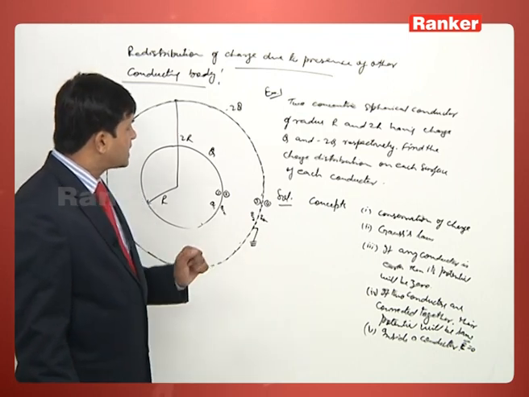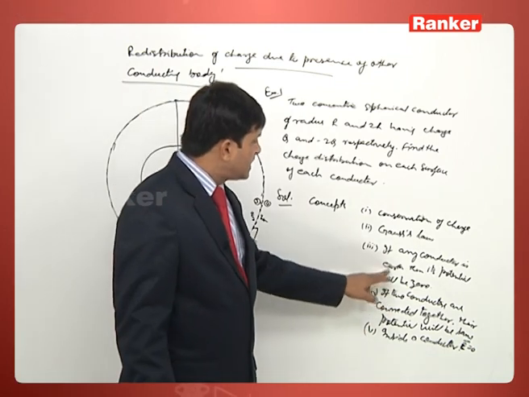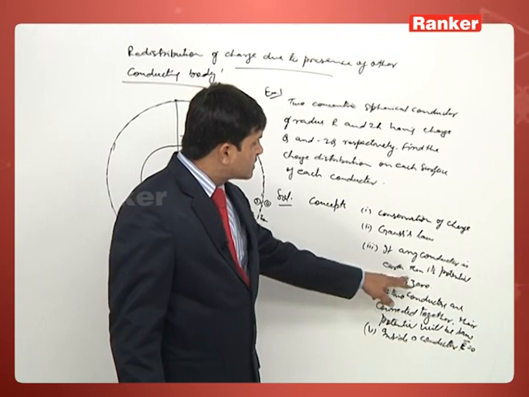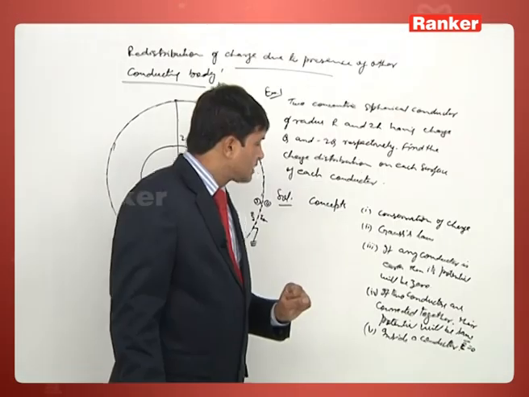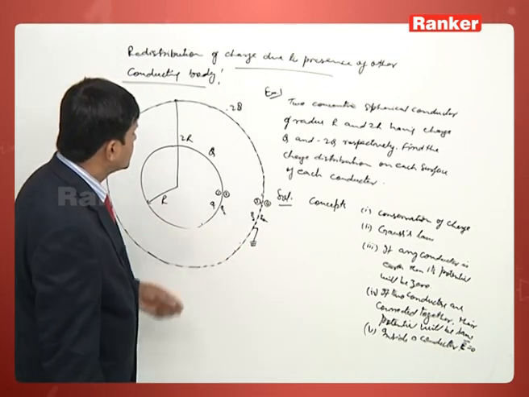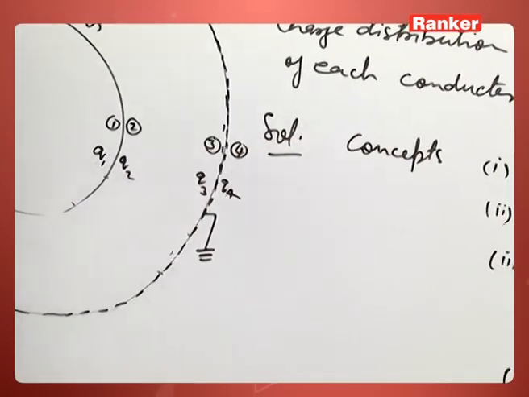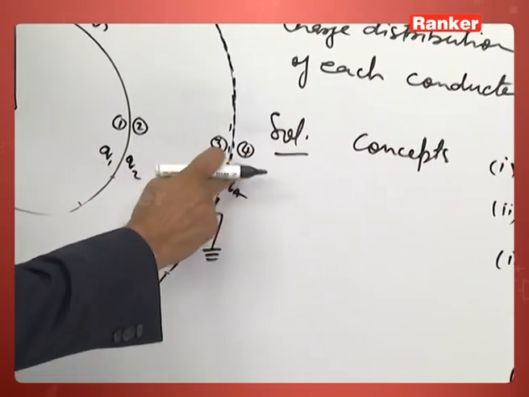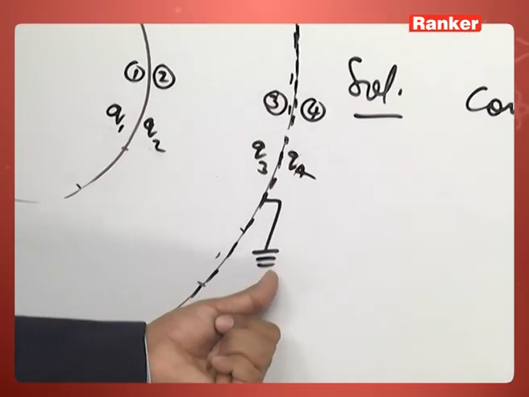So what will happen here, the new concept will come here. If any conductor is earthed, then its potential will be 0. This is the one point here. Rest of the things will be as usual. See, first of all, conservation of charge. The conservation of charge is not applicable for the earthed shell.